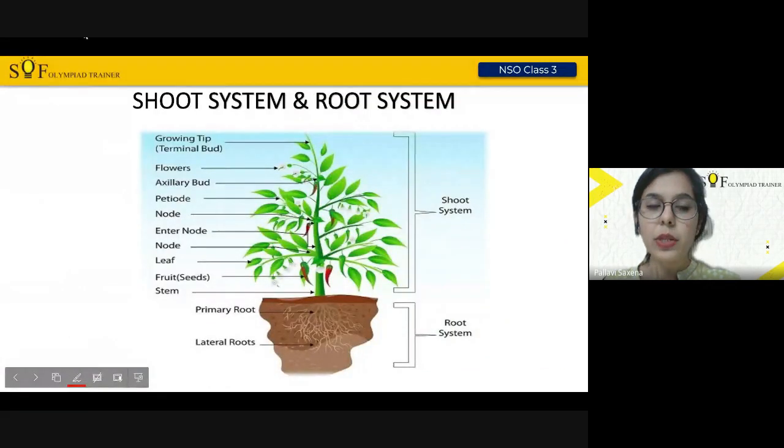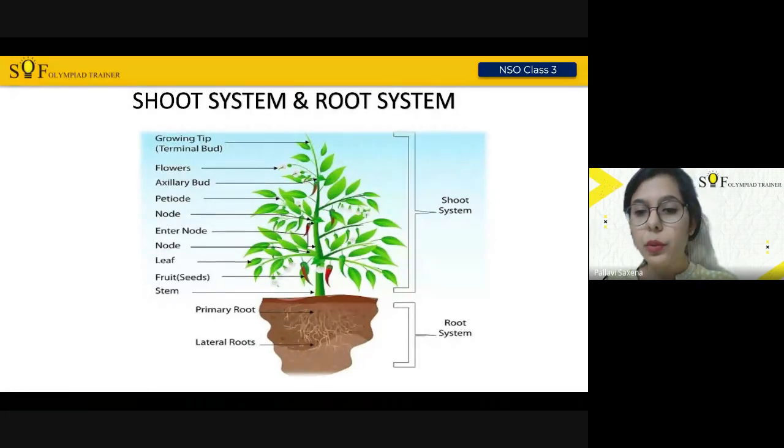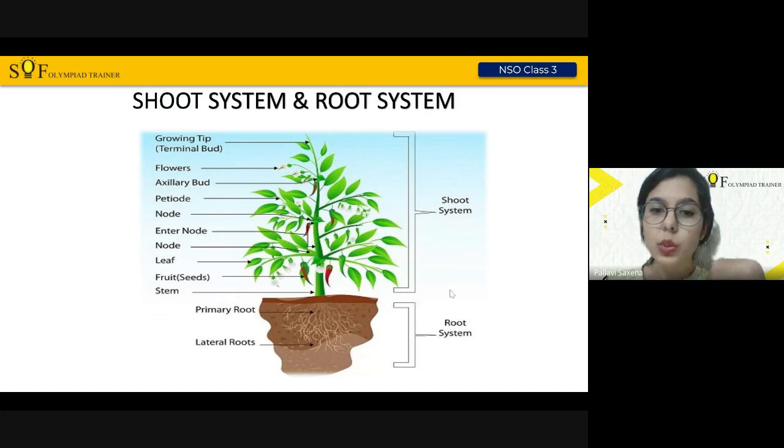So children, when you talk about plants, you have two major systems of a plant. A plant has a root system and a shoot system. You need to write down that plants can be classified into two systems. The root system is present below the ground in general.